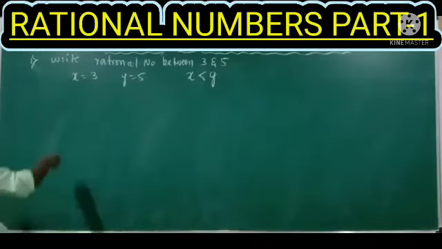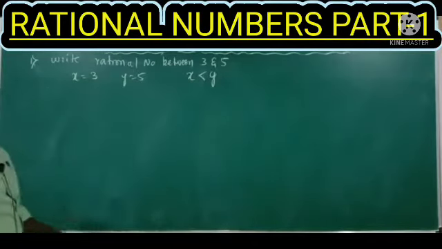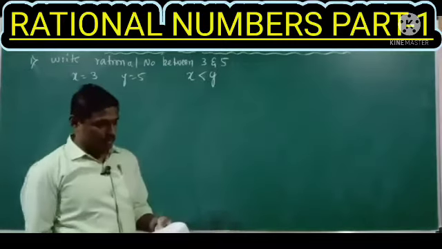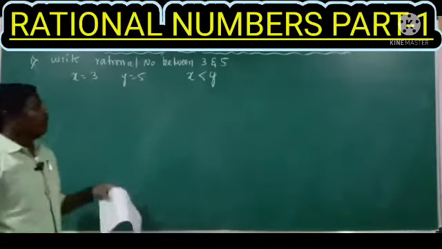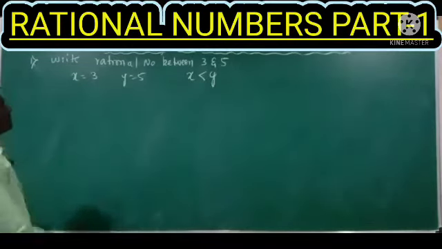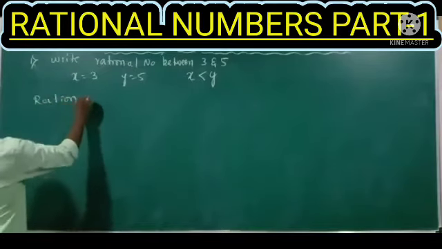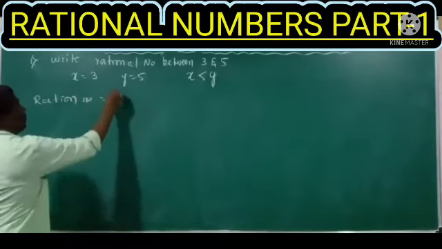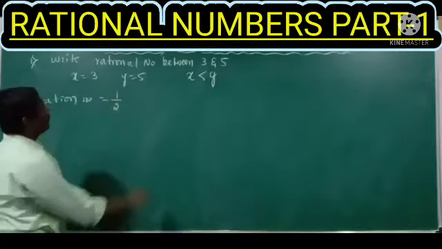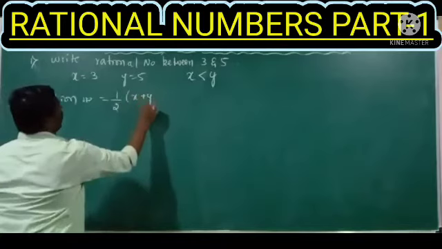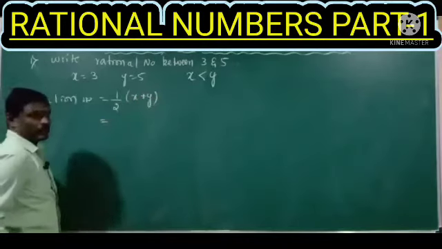Okay. Next one. So how are we going to find the rational numbers between any two numbers? If these two are the values, we calculate the required rational number by using the formula half into x plus y. 1 by 2 into x plus y.